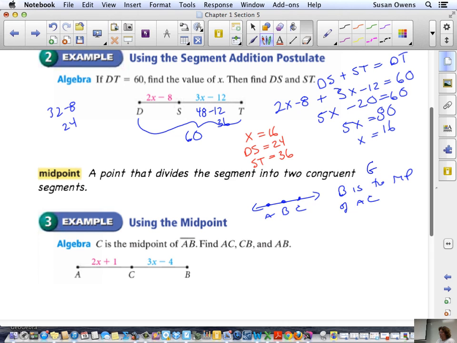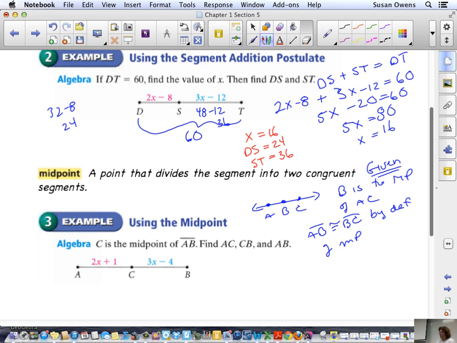So put given. What I can use the definition of midpoint to do is I can then say, because of the definition of a midpoint, I can say that AB is congruent to BC. And if someone said, well, how do you know that? I can say by definition of midpoint.